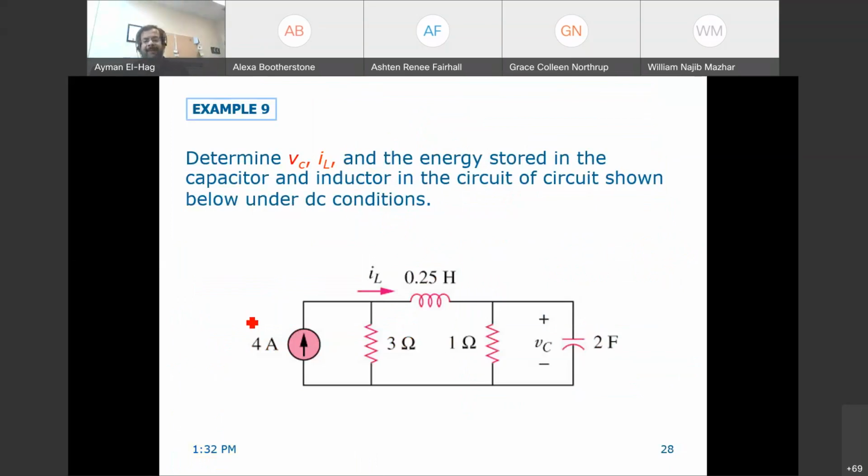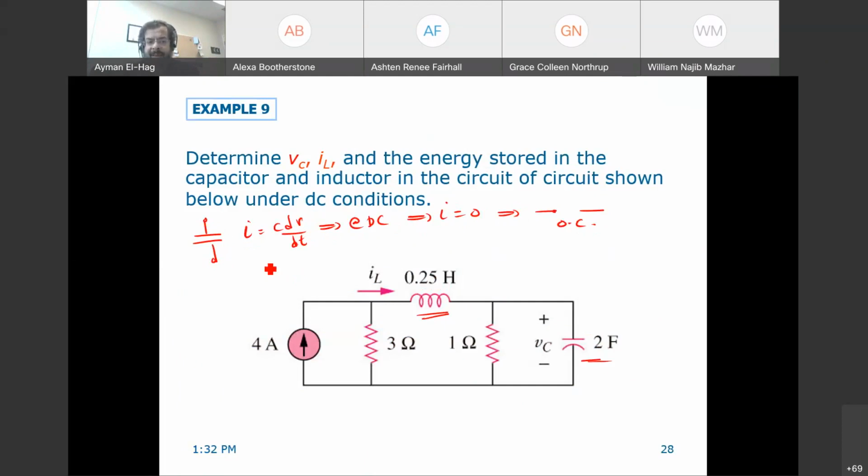Here we have an inductor and we have a capacitor. We have both. Now we agreed about one thing, that for the capacitor, the relation between the current and the voltage is, with capacitance C, i equals C dV by dt. At DC, this is constant, so it means your i is equal to 0, and hence the capacitor is an open circuit.